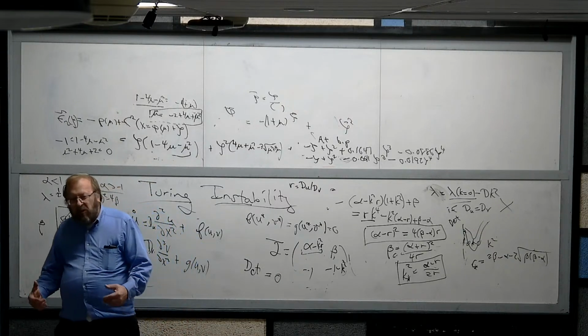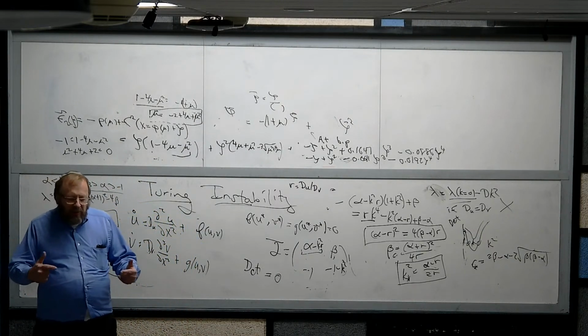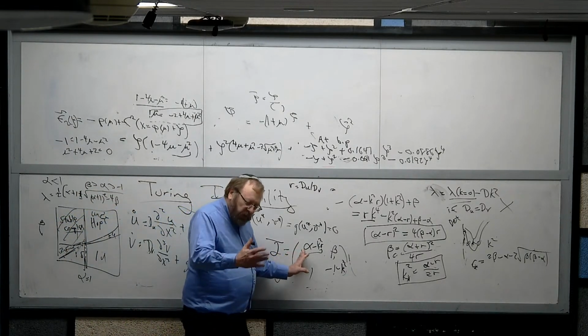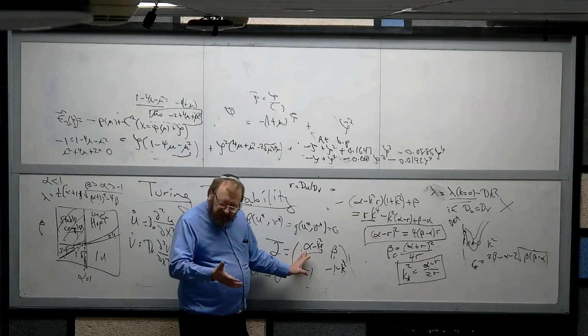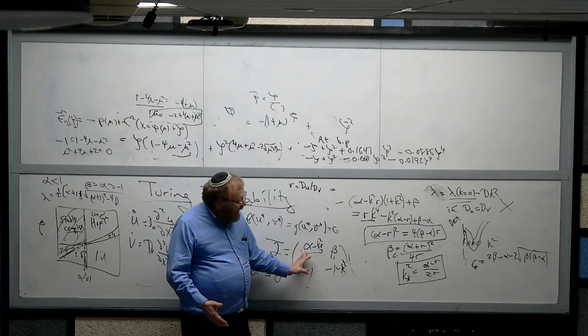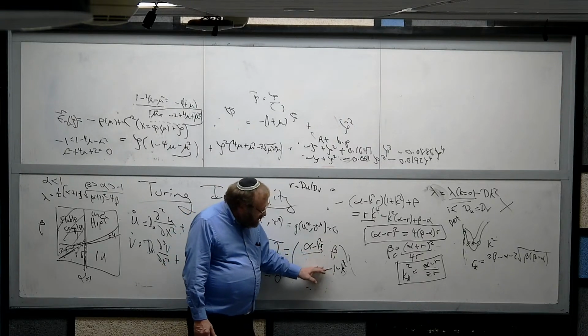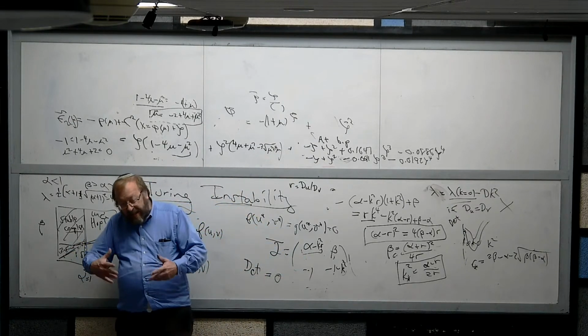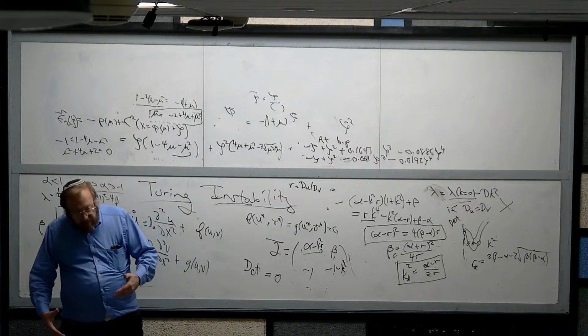This is called local excitation, global inhibition. The U field is a locally unstable system, but globally the diffusion, and V is an inhibitor. It's the thing that tamps down the reaction.